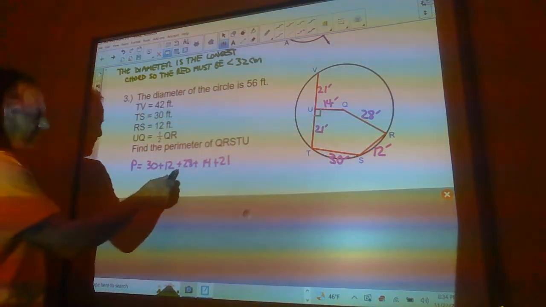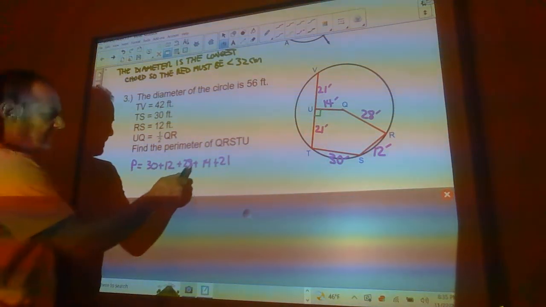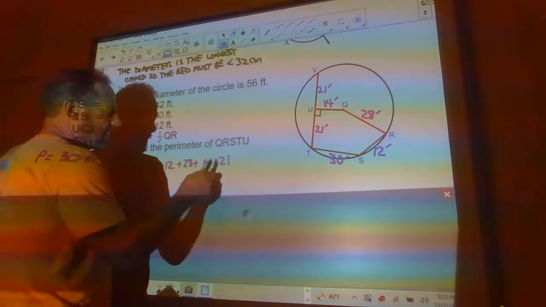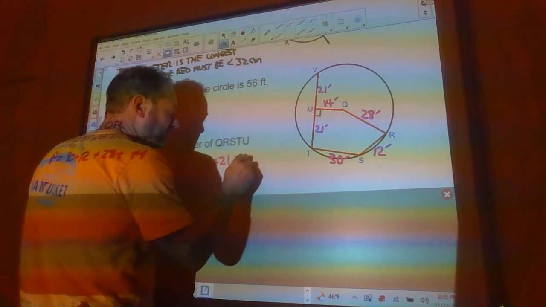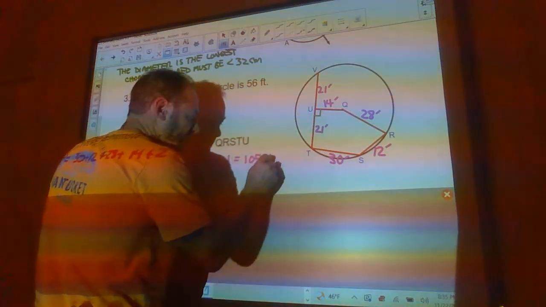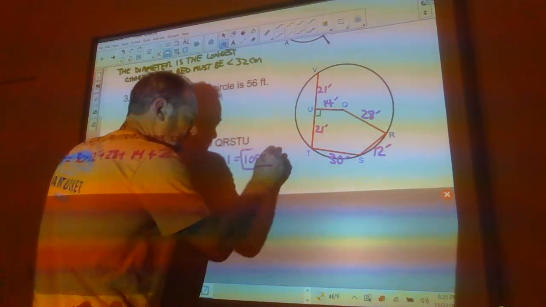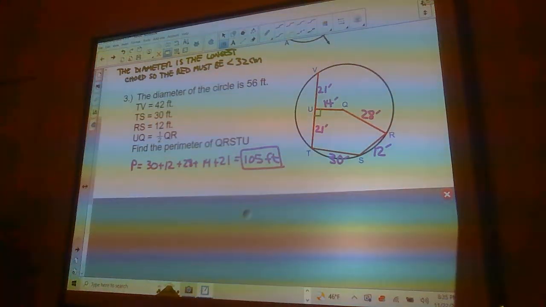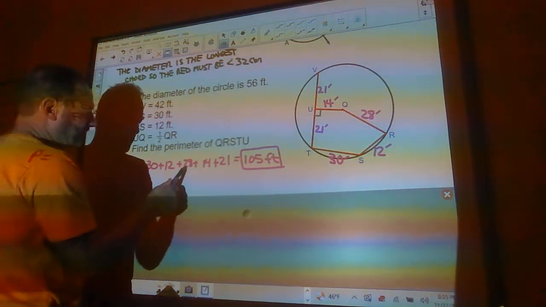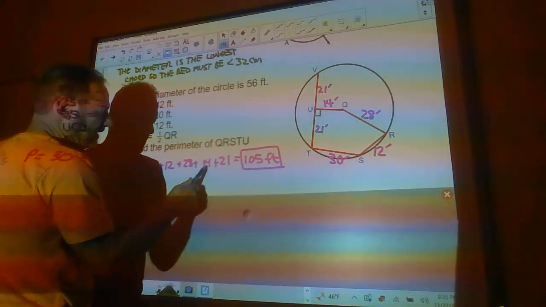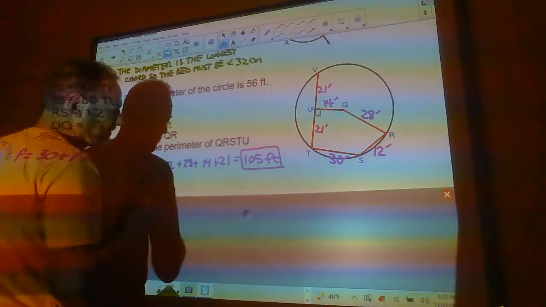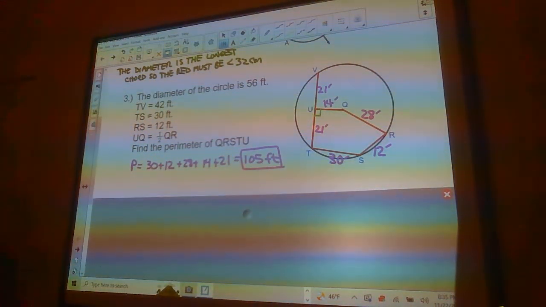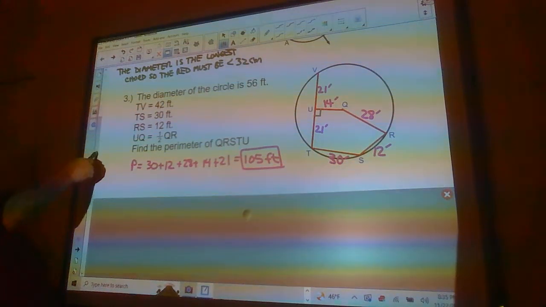So this is going to be 40, 70, 84, 105. 105 feet. Double check that. 42, 52, 62, 70, 84, 94, 104, 105. Yep, there we go. Okay, so hopefully you got that.